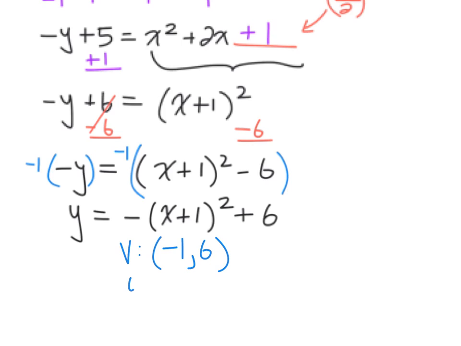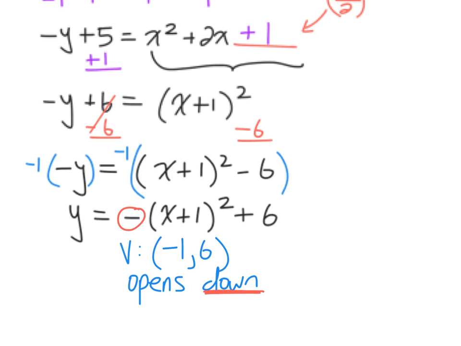Is this going to open up or down? Opens down. How do we know that? If you double distribute, you get -x squared, and that means it's a maximum, or opens down. But you don't necessarily have to distribute it.